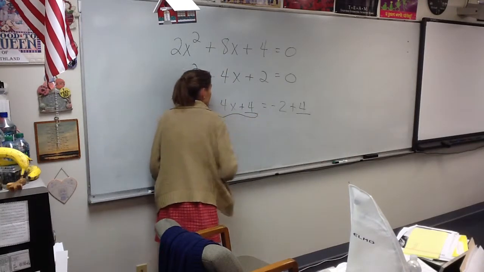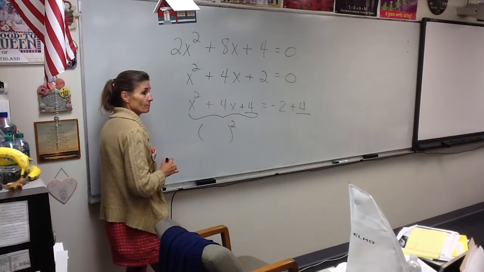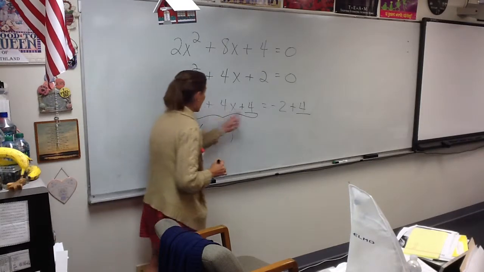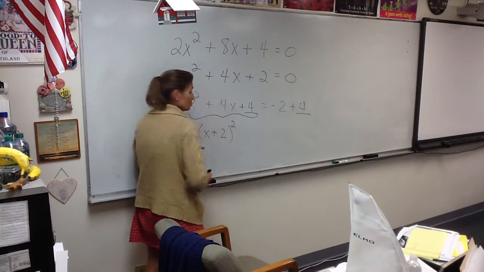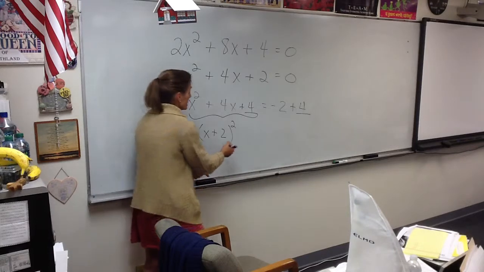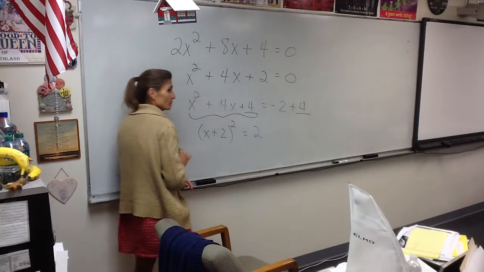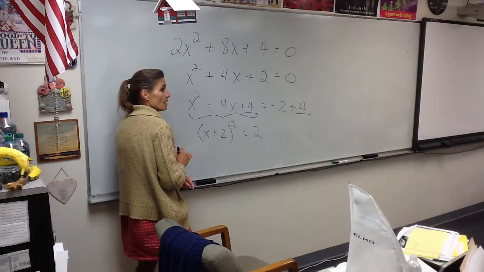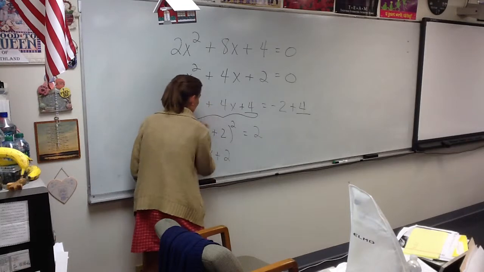This, then, will always be a perfect square. This time, it is x plus 2 squared equal to 2. Then we square root both sides.